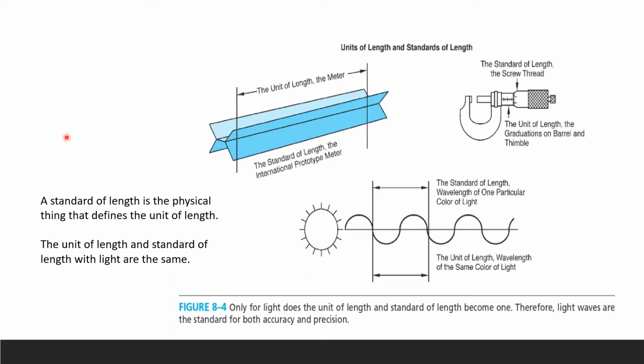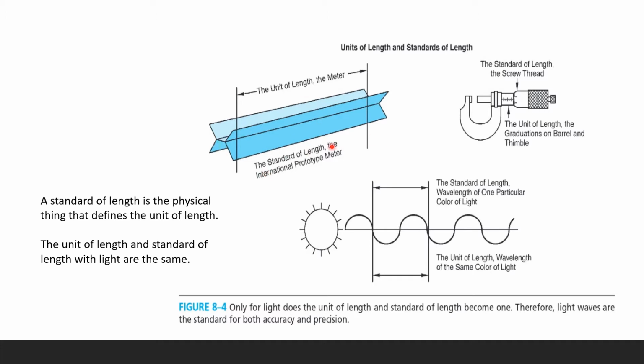So a standard of length is nothing but a physical thing, and it's going to define the unit of length. And the unit of length and standard of length, especially with light, when we use light, they're the same. Okay, the unit of length and the standard of length, they're the same, because it's very difficult to form a standard, especially when you're measuring with light.